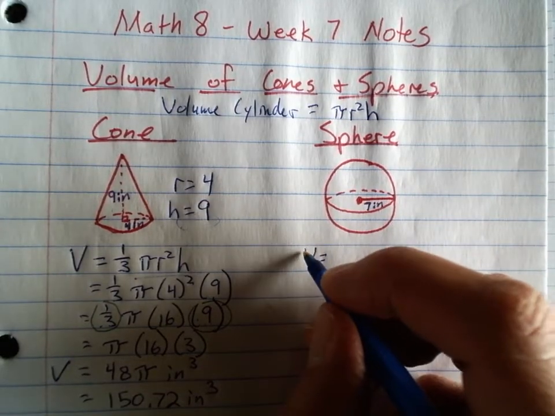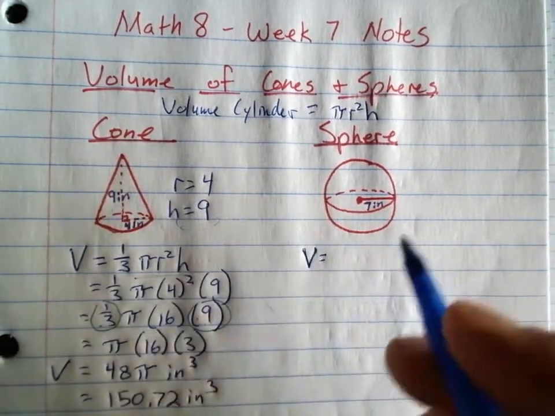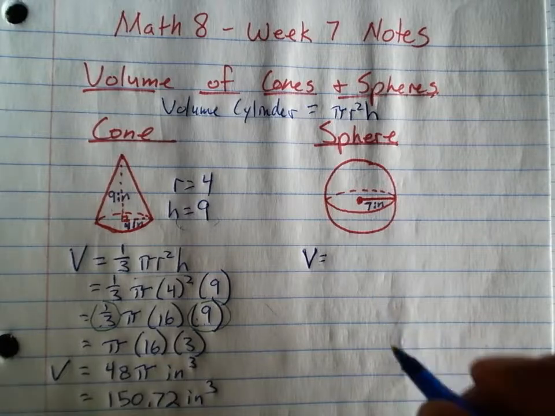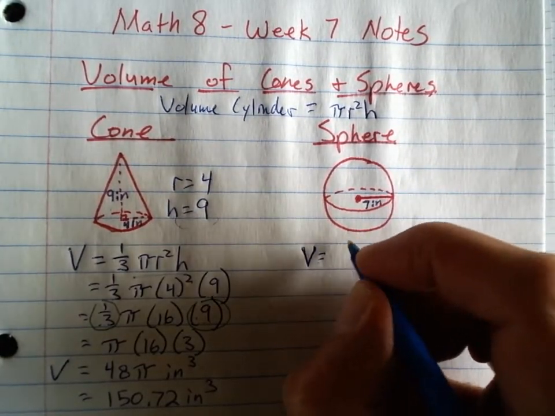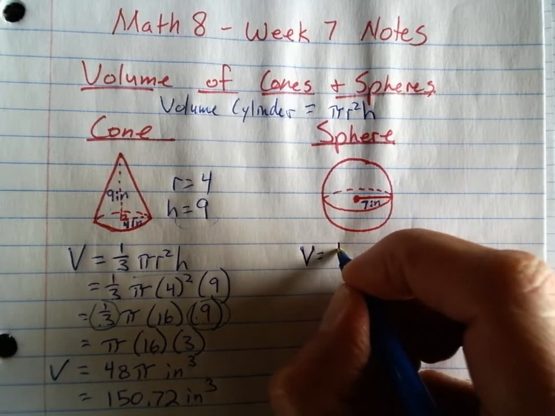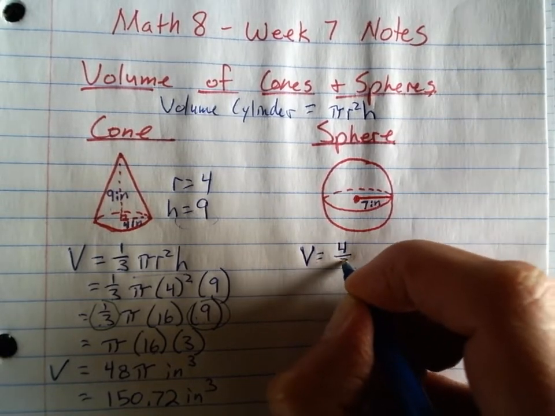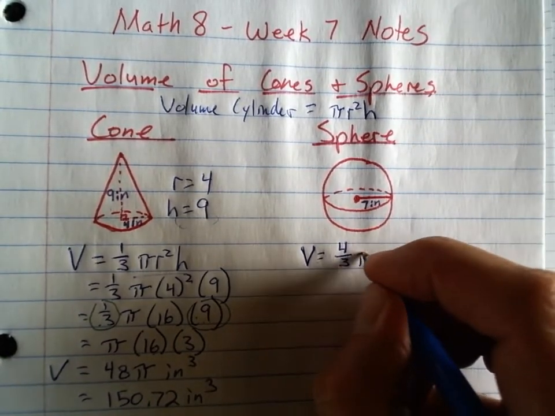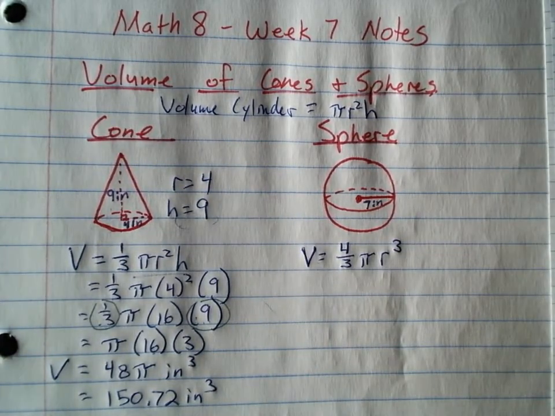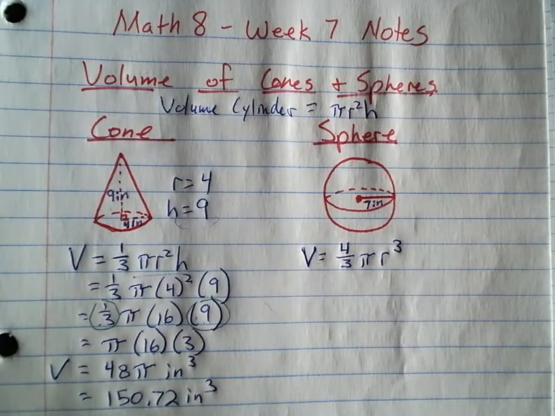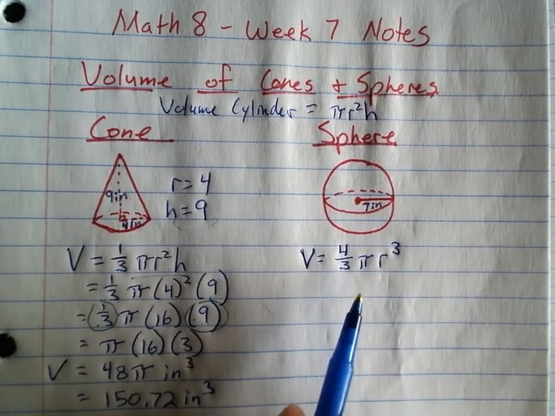That's like knowing how to plug numbers in for variables and solving that problem. So I'm going to give you the formula for a sphere. Don't stress out too much: it's 4/3 pi r cubed. That's it.